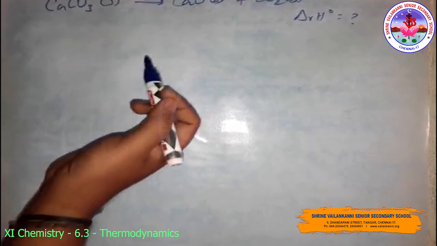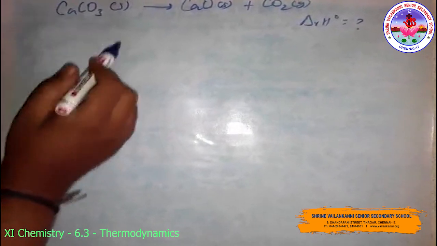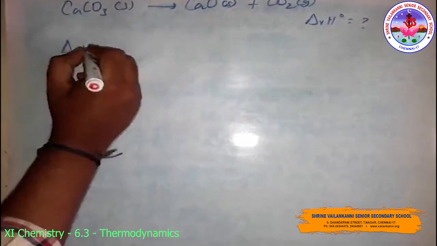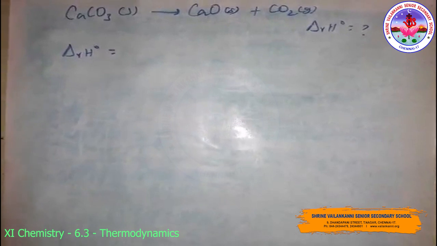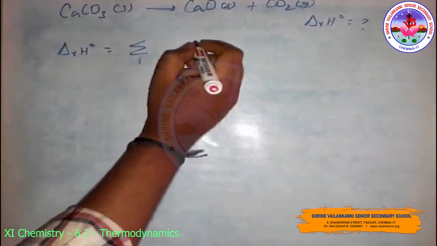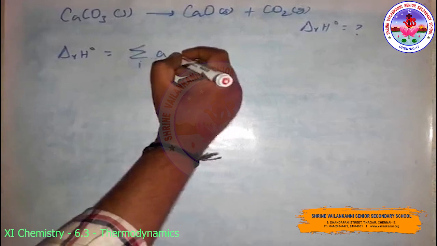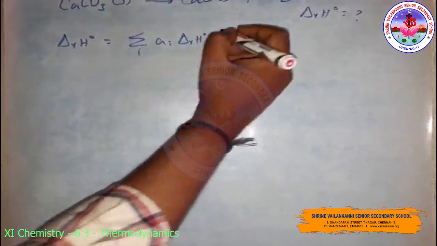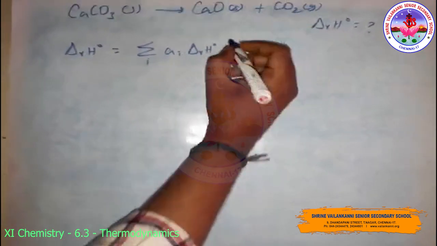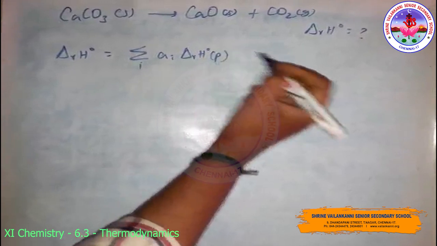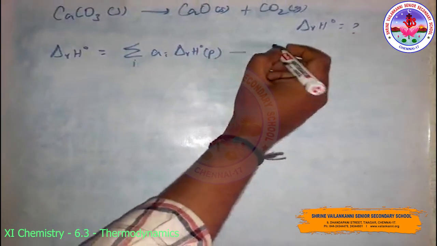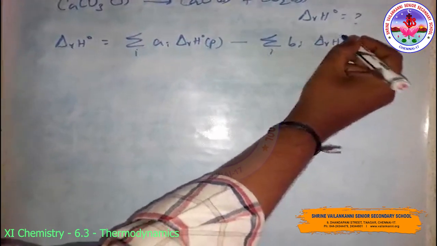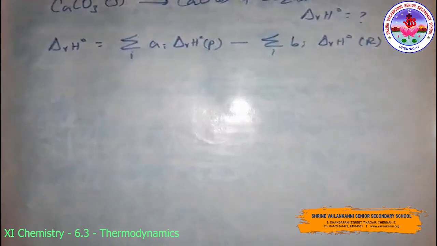The standard enthalpy change calculation for this reaction is the summation of a_i delta_f H naught of the products, minus the summation of b_i delta_f H naught of the reactants.